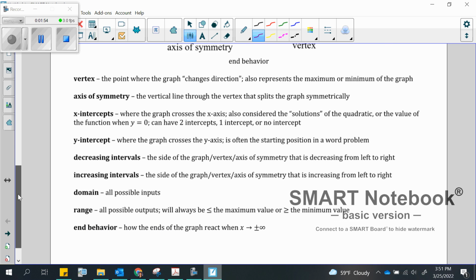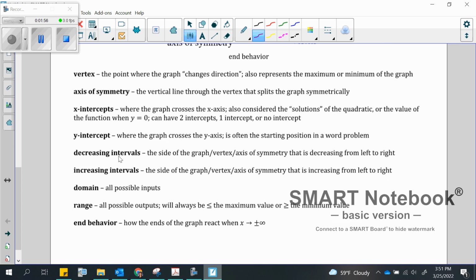Okay? Decreasing interval is where our function is going down to the right. Increasing is where it's going up to the right. Think, if we were on this one, it's decreasing. If we had a little guy up top, he would slide down the hill. In this case, if we had a little guy at the bottom or on the left, the only thing he could do is go up the hill.